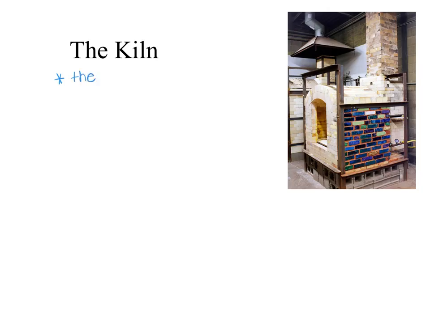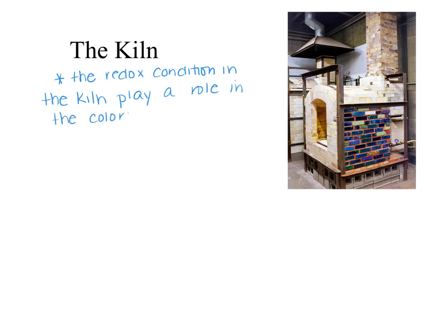And so I want to give some words to that, where the redox conditions in the kiln play a role in the coloring of the ceramic, right? Because the charge on the metal in the glaze can change.